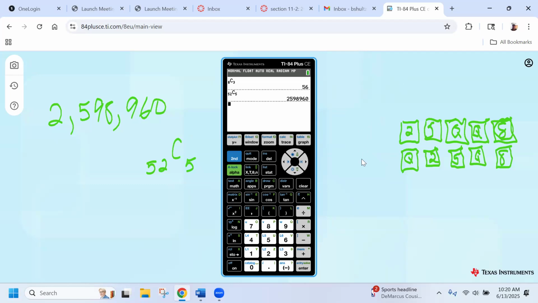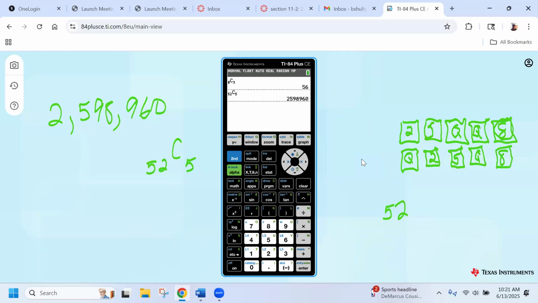With that, that's all you really need to know for combinations: that order does not matter, and how to use your calculator. Remember, if you don't have the new TI-84 Plus and you have the old TI-84 calculators, then you press 52, and then you go to math, probability, and 3 for combinations.